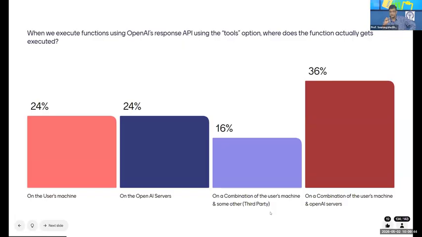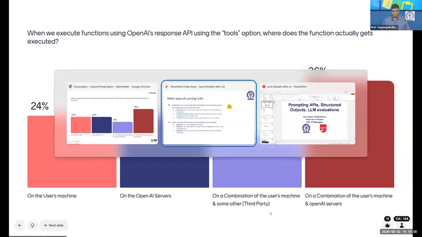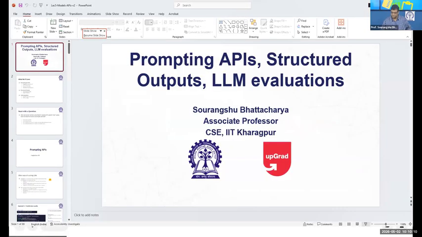So just a refresher for this. Today we are going to do a lot of structured outputs. We are going to see how that actually happens. But this is an important point, that the function actually gets executed either on the user's machine or on a combination of the user's machine and some other third party services that you may use.